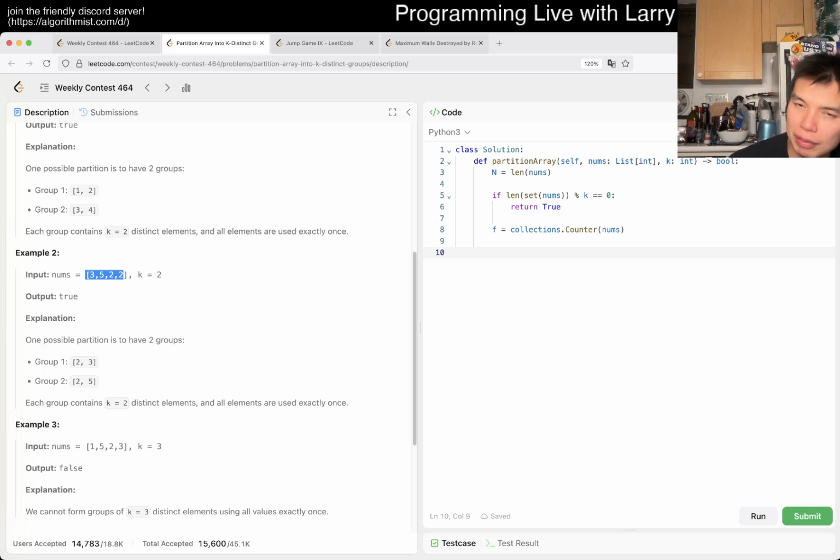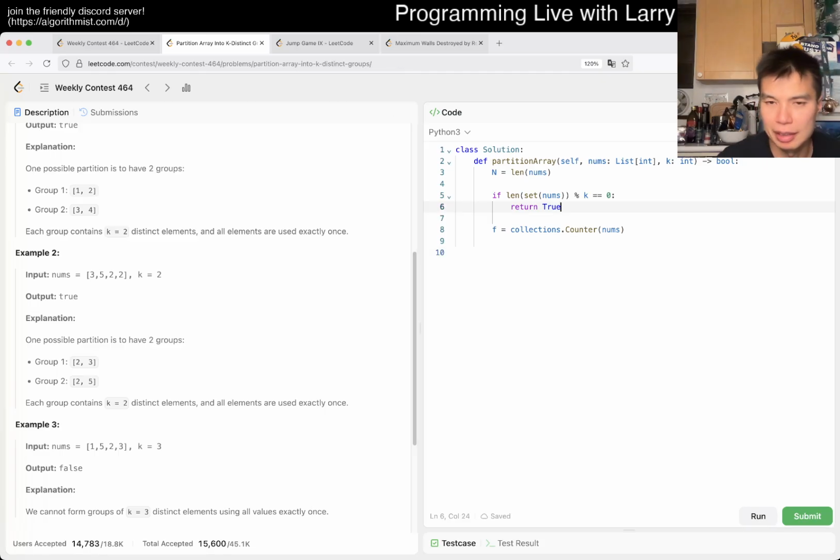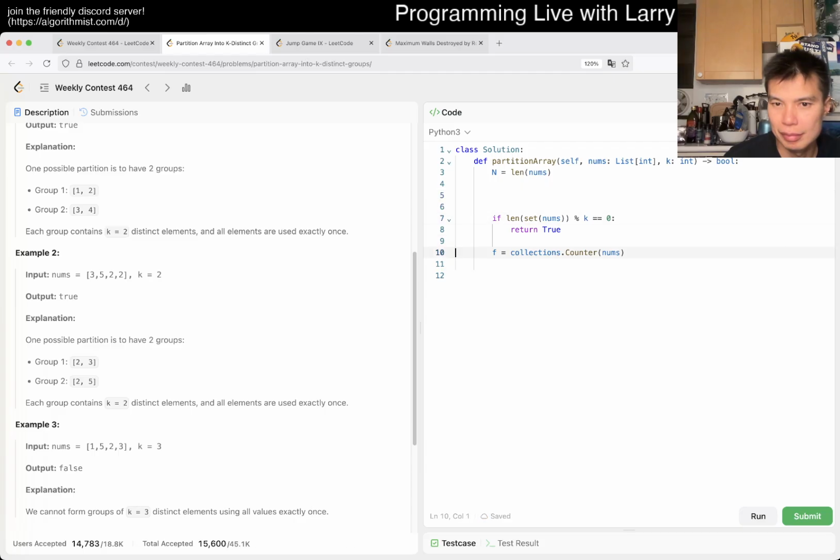By default it just happens, but what if K is equal to 4? It's definitely forced that if length of f is less than k, we just return false.